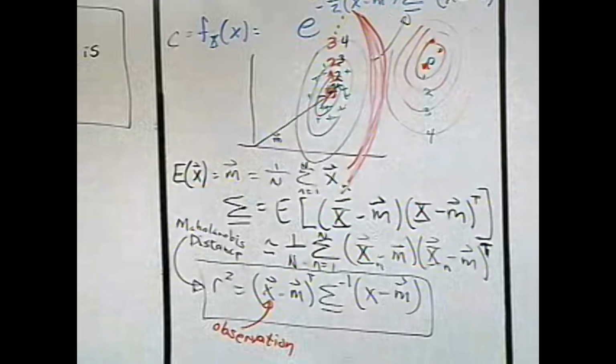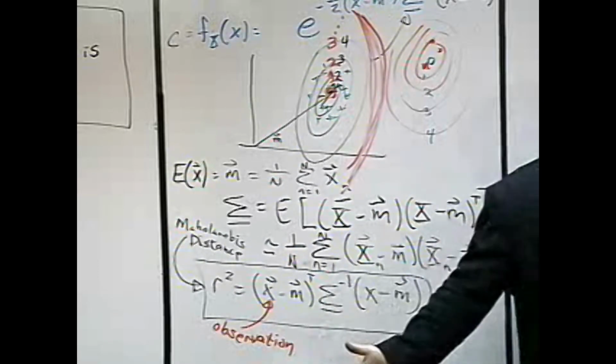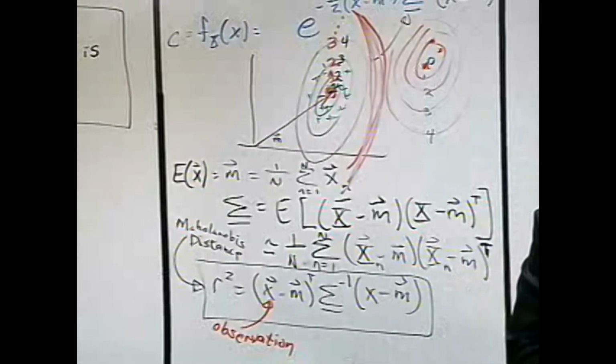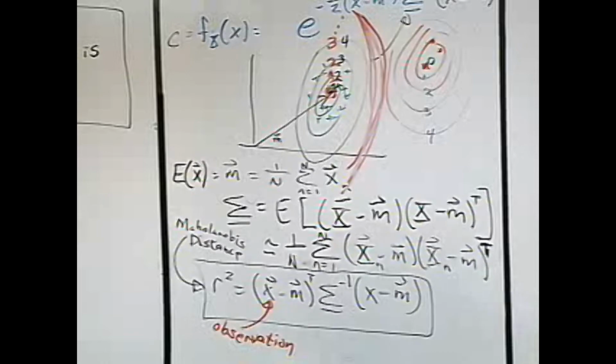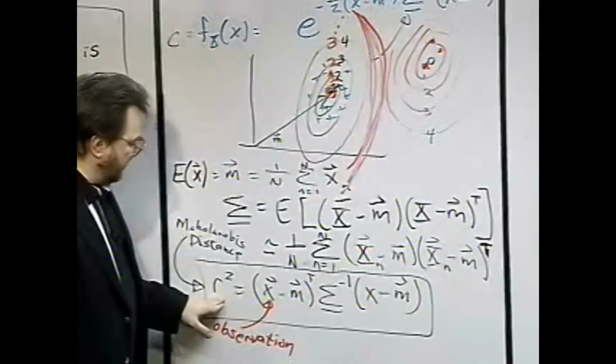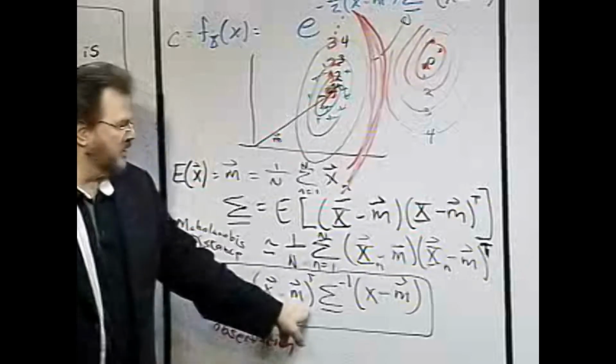The nice part about it is it is insensitive to your choice of units, whereas a nearest neighbor lookup gets all screwed up with the units. You don't know what the units are for Euclidean distance when you have height and weight going this way. If you use the Mahalanobis distance, you get something unitless, because notice, suppose this was the Mahalanobis distance for weight. What would be the units of this?